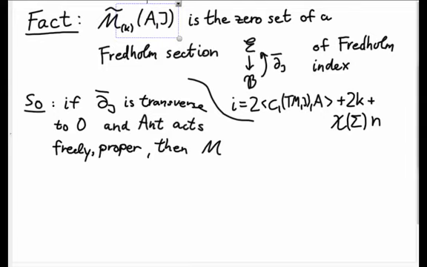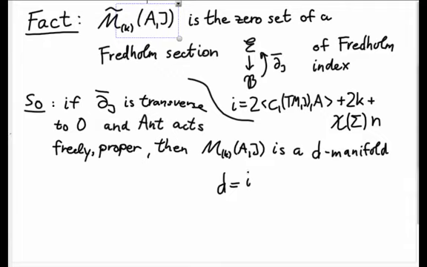So then my moduli space is a D-manifold, where D is the dimension that I get from the Fredholm index, dividing out by the automorphism group. Whatever the formula is, it's usually not that important.